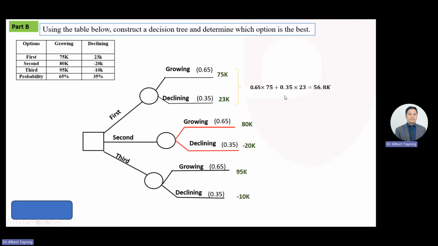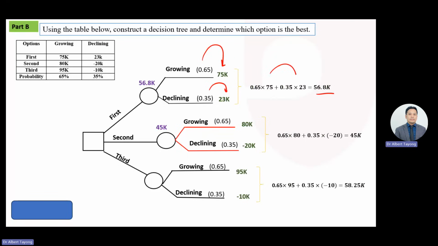For the first, we have 0.65 times 75K plus 0.35 times 23K, that is 56.8K. For the second, we have 45K. And for the third, we multiply again and add. That's 58.25K. Here, multiply, and add.